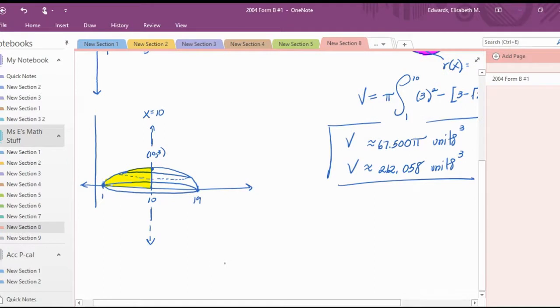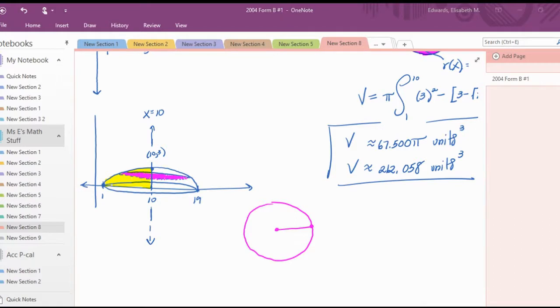So for this problem, if you take your slices perpendicular to the y-axis, then you could see that you'd have this known cross-section, and I hope it makes sense that this known cross-section would be a circle shape. So if we can get the formula for the radius in terms of y, I hope it makes sense.